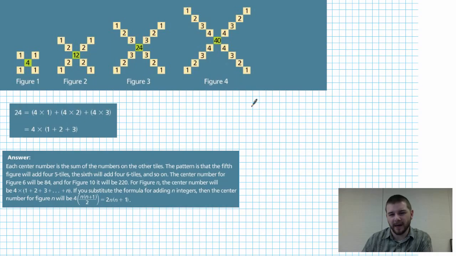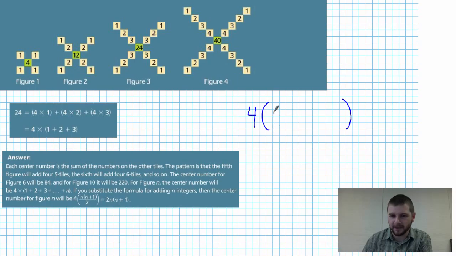So if we want to derive a formula to find the sum or the center tile's value for a figure n, some arbitrary number n, well, this would be a good approach. We know that our sum will be 4 times the sum of the trailing diagonal tiles.